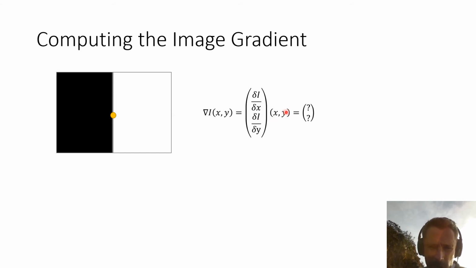So at this point, what would this vector look like? Do we have something non-zero here, and is it positive or negative? And do we have something non-zero here, and is it positive or negative?